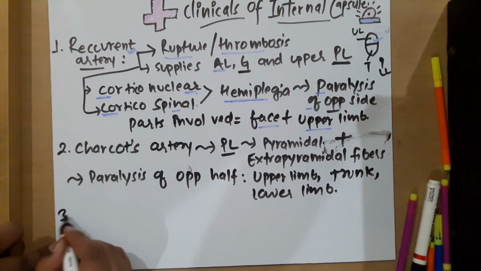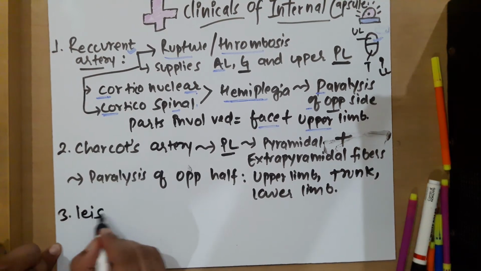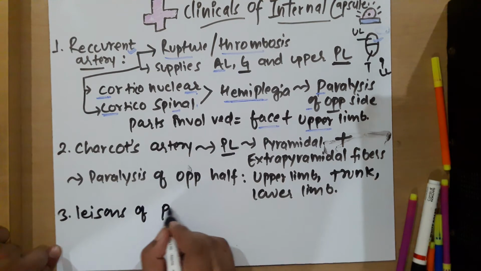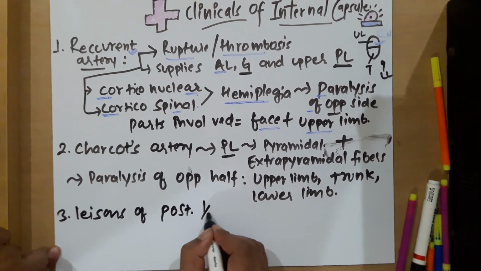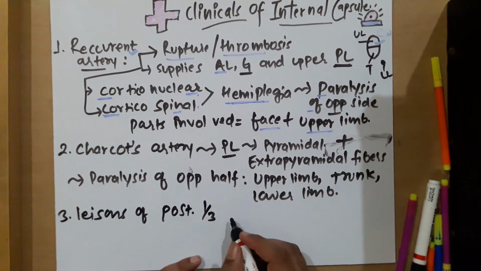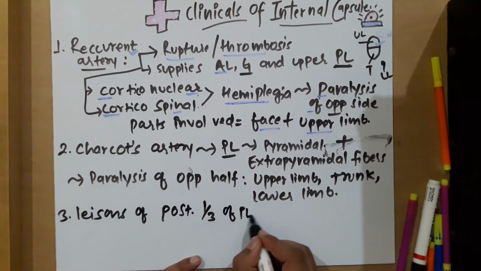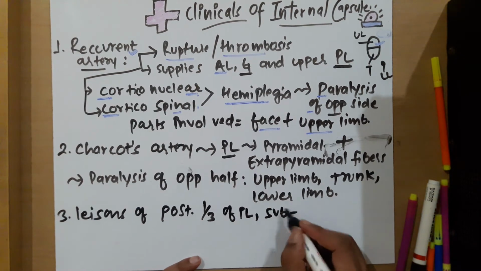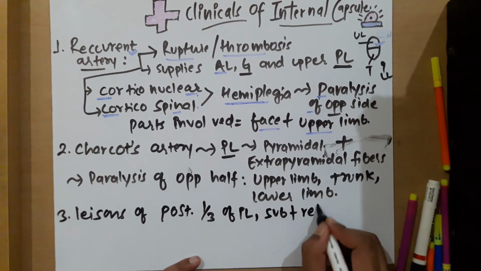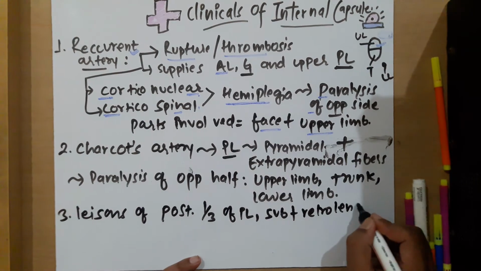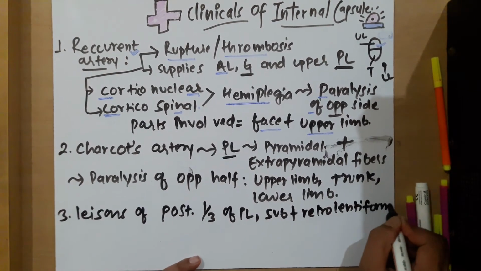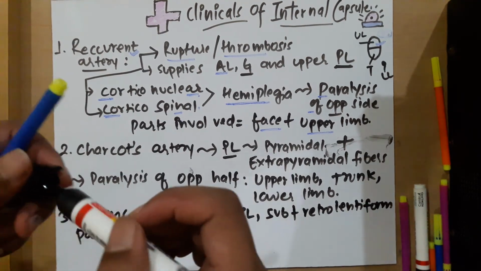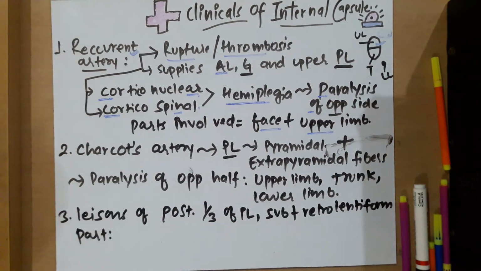And the third one, lesions of the posterior 1/3 of the posterior limb, sublentiform and retrolentiform part. So what does this lead to?